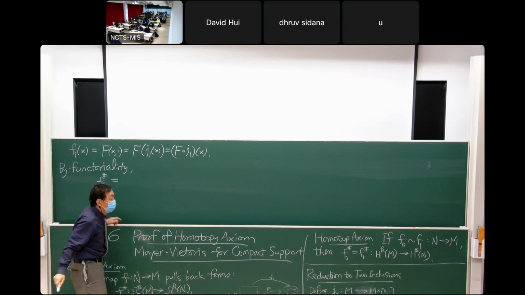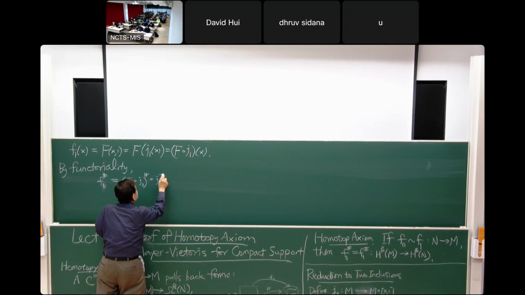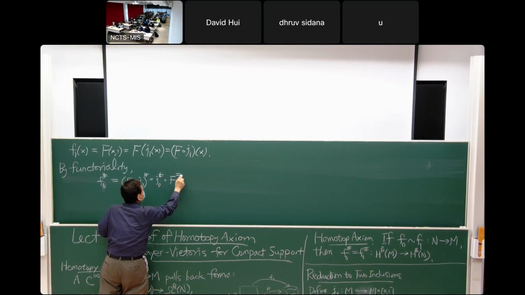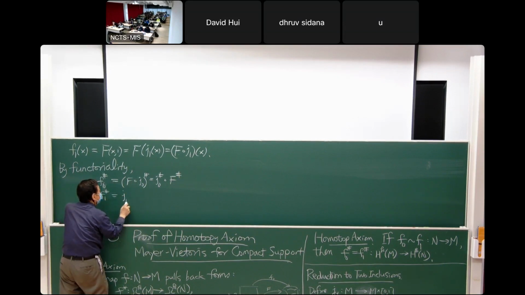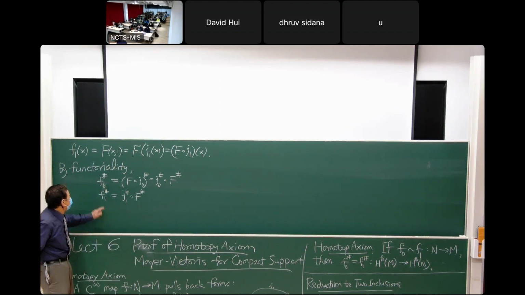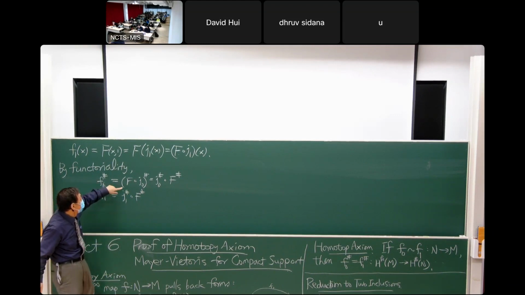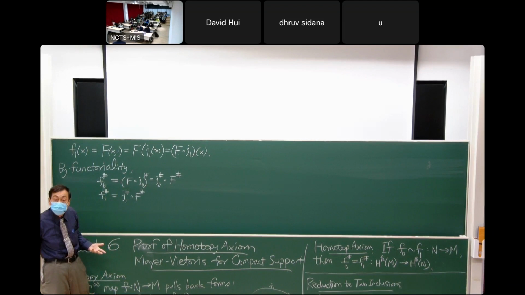F0 hat is F composed with J0 hat, and that's J0 hat composed with F hat. Okay. And F1 hat is going to be J1 hat composed with F hat. So to prove that these two maps are equal, it's sufficient to prove that J0 hat and J1 hat are equal. Okay? So now I have reduced the problem from two arbitrary maps to just two inclusions.